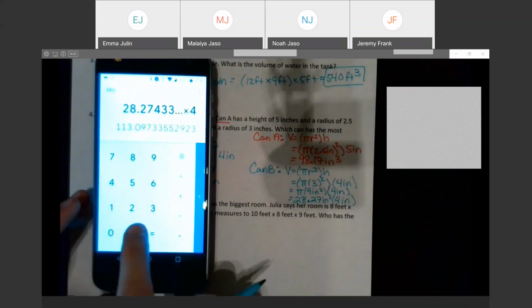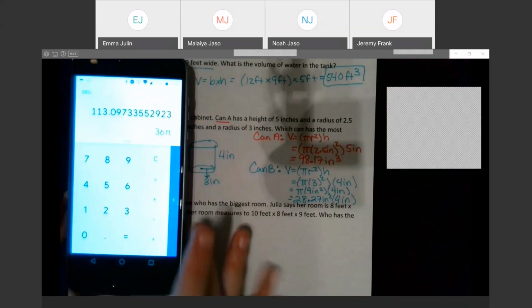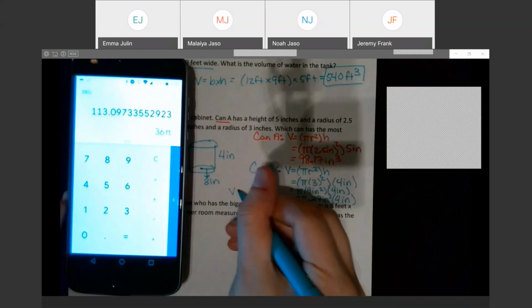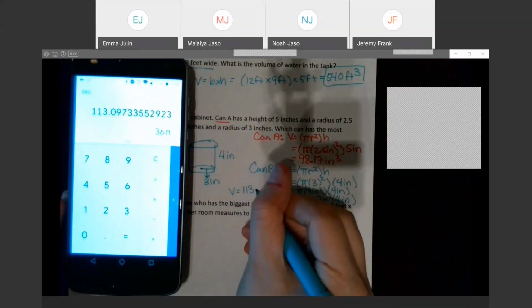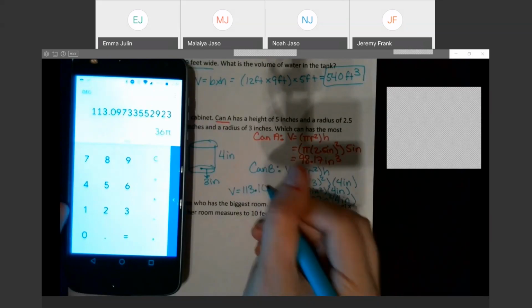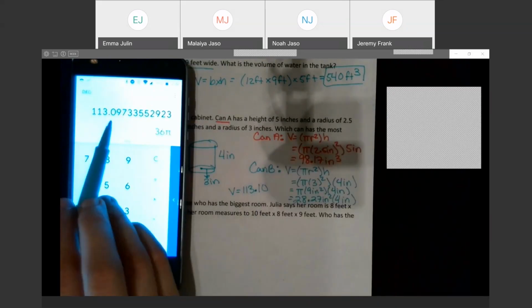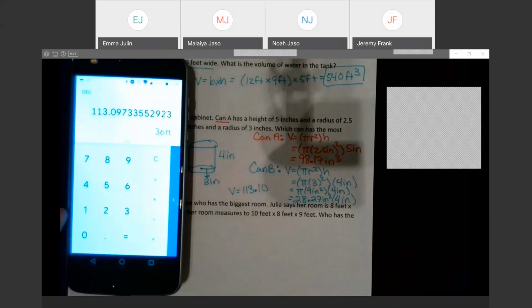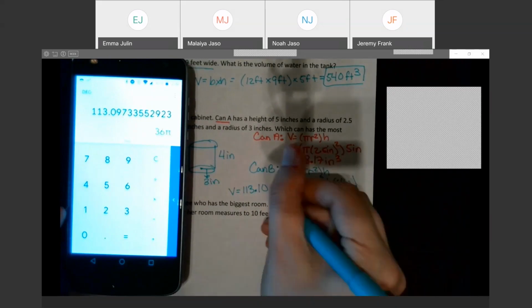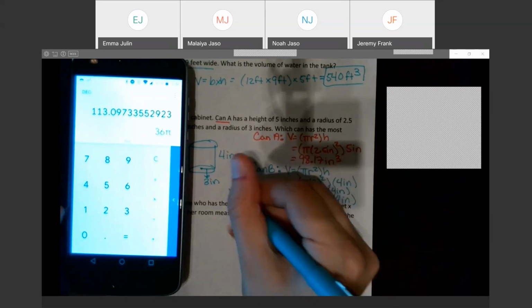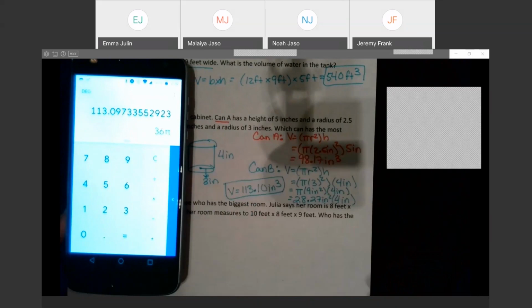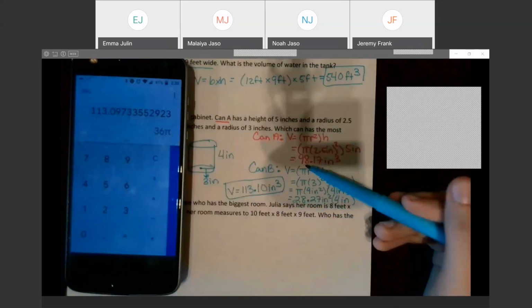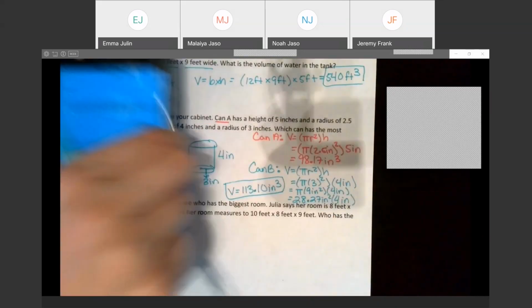If I multiply that by 4, I know that my volume for can B is equal to 113.10. And I'm rounding up because I know that 9 is there. So if that 9 is there, that means they have to round up a 0 to 1. And then the inches cubed. So through this math, we saw that can B actually has quite a bit more in it than can A does.